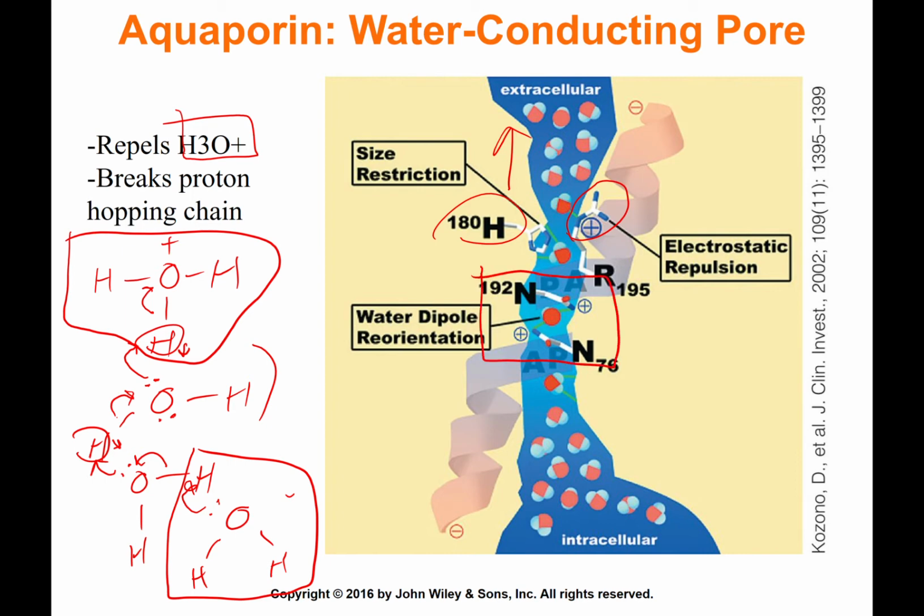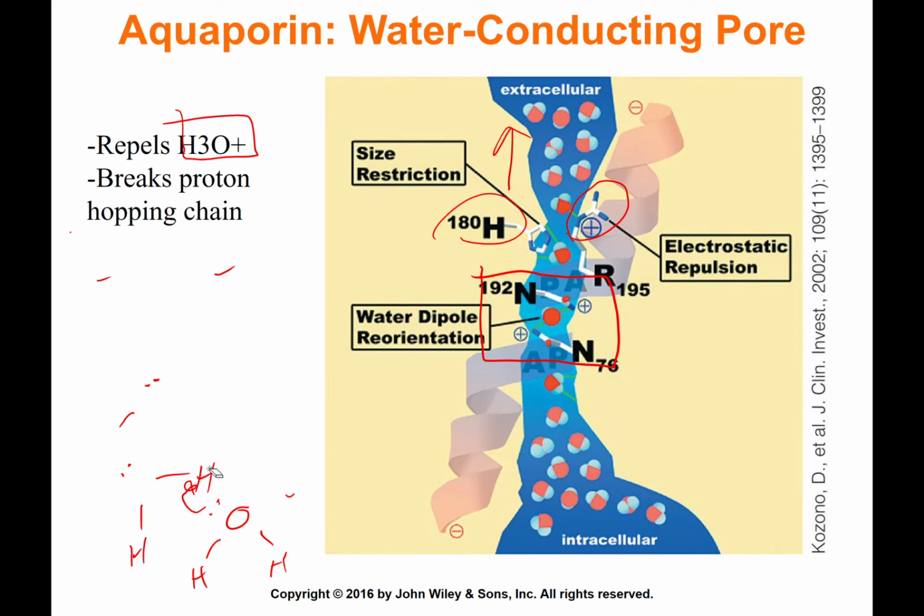It's essentially a water binding site in the middle of the channel. Now at that binding site, water is permitted in there, and let me draw it. That water loses its bonds to any other water molecules.